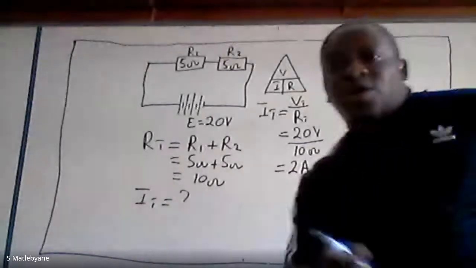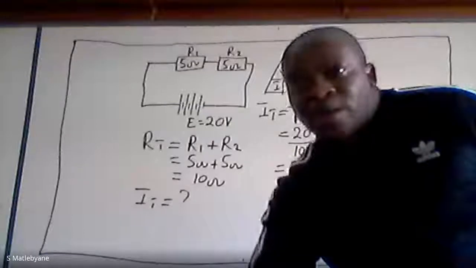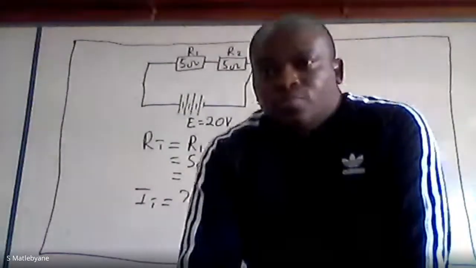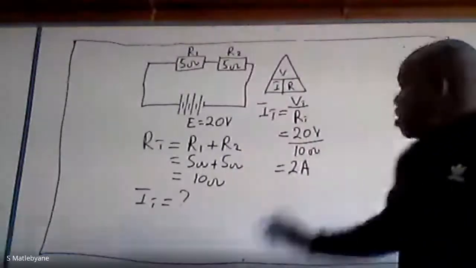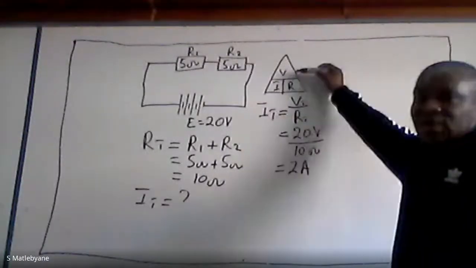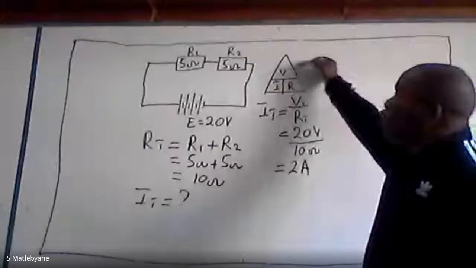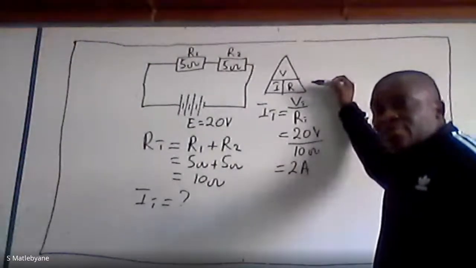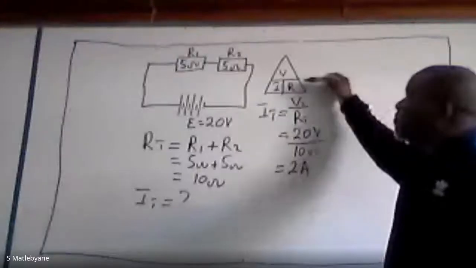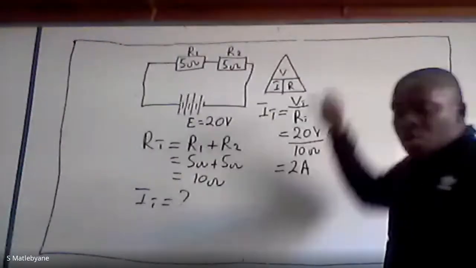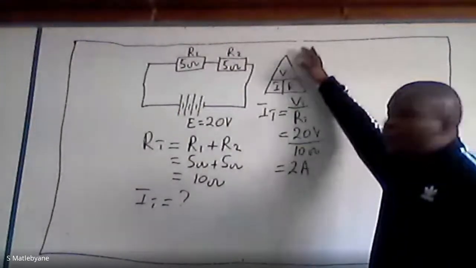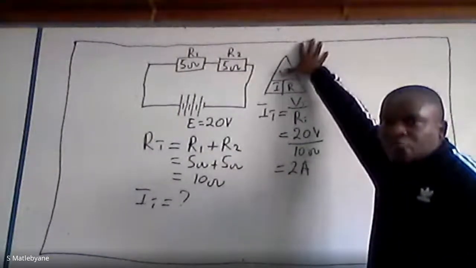So just to throw the spanner in the works, Adija, where are you lost? This triangle shows you the formula for calculating the current, the resistance, and the voltage. If they say calculate the voltage, you block V on the triangle.